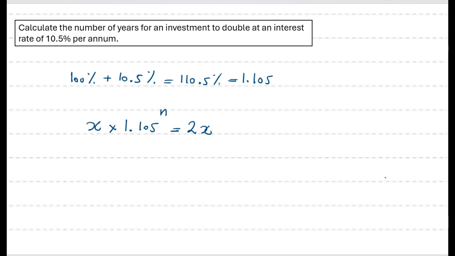After forming the equation, we need to solve it. We clearly can see that both sides of the equation have x, so we can divide both sides by x. So that cancels the x's from both sides, and we are left with 1.105 to the power of n on the left equals 2 on the right.